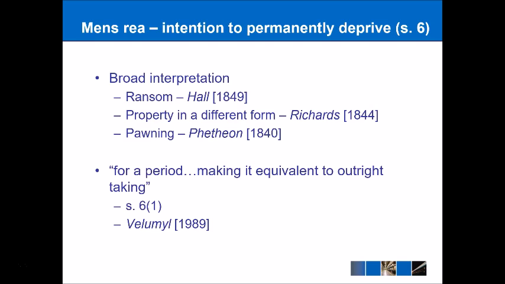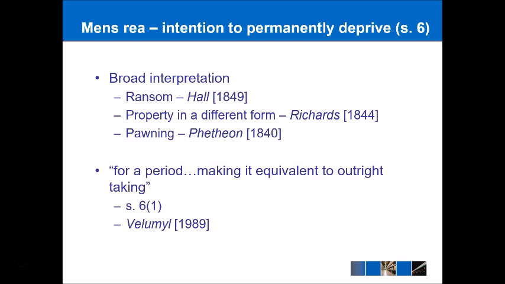To give you another example, and to link this back to the property coming back in a different form in Richards, you can imagine having a ticket to a gig, and if someone stole that ticket and then went to the gig, came out of the gig at the end and gave you back the ticket, then there isn't an intention to permanently deprive there, because you've got the piece of paper or the ticket back. But the point is that that ticket is now useless because the gig's over and you haven't been able to go.